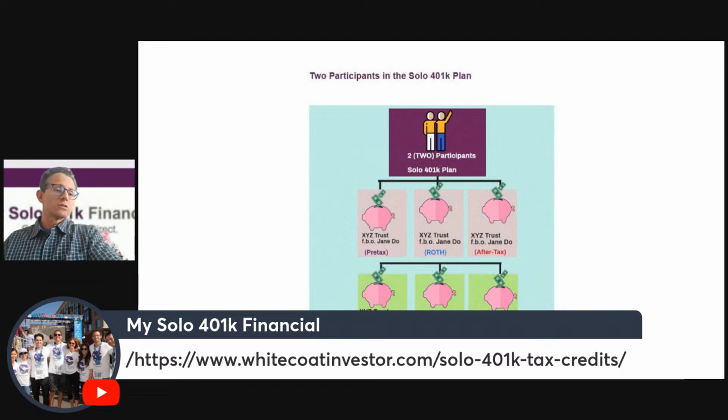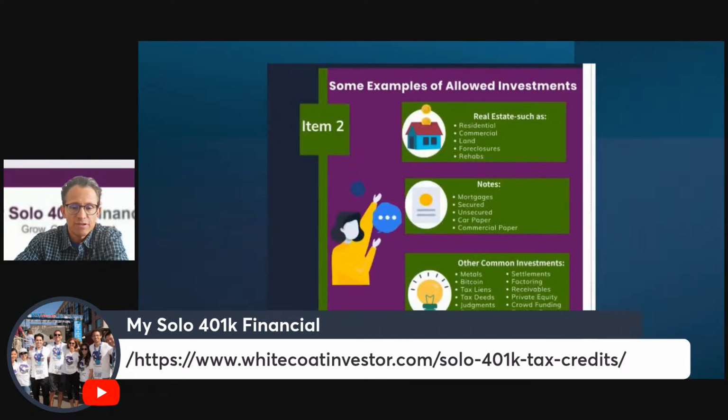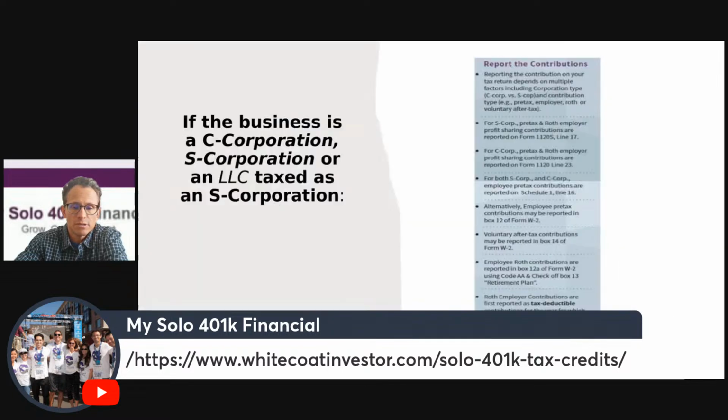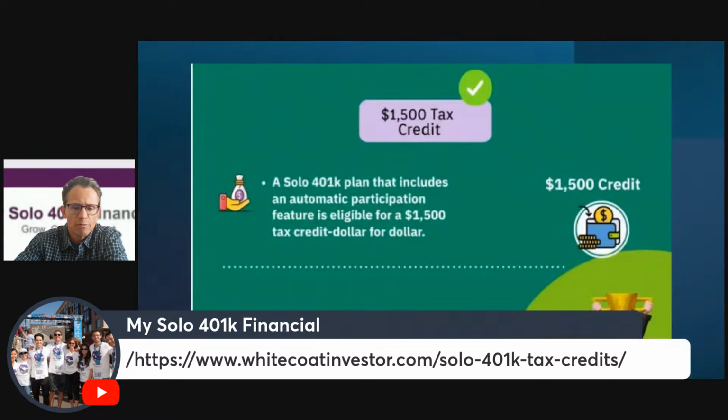Here's an example of a two participant plan. So you would have to add all of the participants' funds. So both participants, for example, both spouses' funds in the plan to determine if the market value of that self-directed 401k plan is greater than 250,000 in value. If it is, then that 5500 Easy will need to be filed. I can't stress how that form is very important.